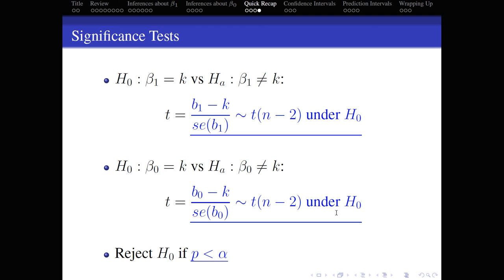So in this video we talked about inferences regarding the intercept parameter, and gave a quick recap of the significance tests, the confidence intervals, the model, and the parameter estimates for everything we have gone through thus far in just a couple of slides, so that it's all in one place for you.